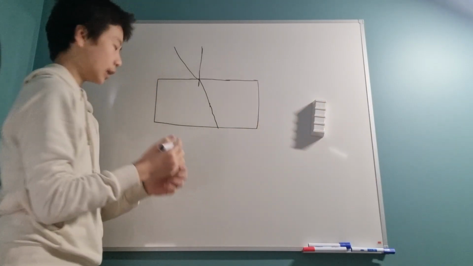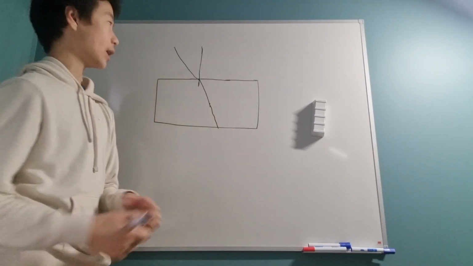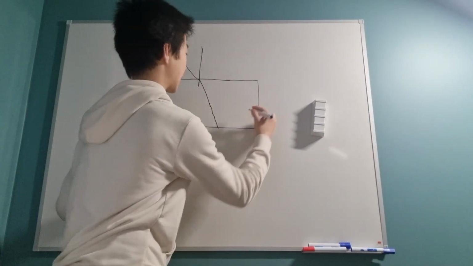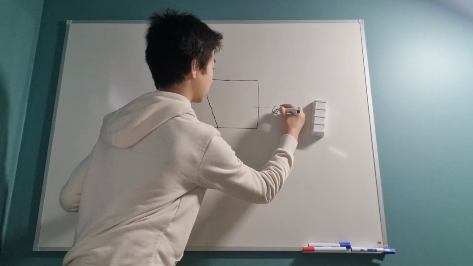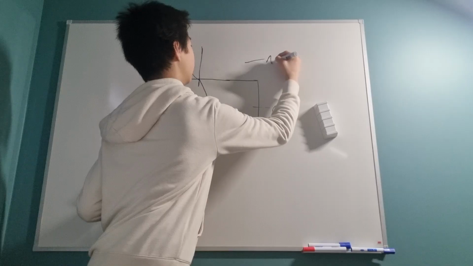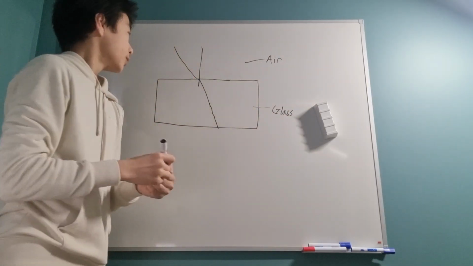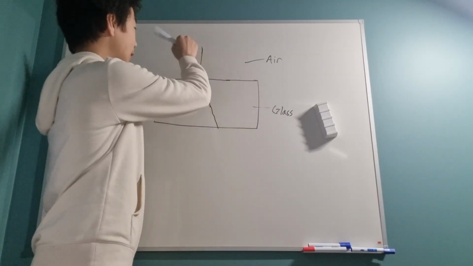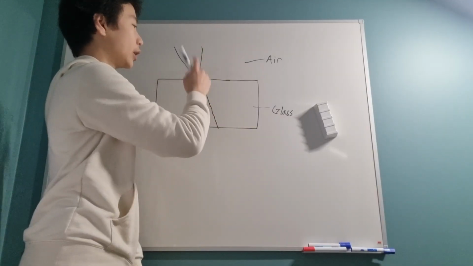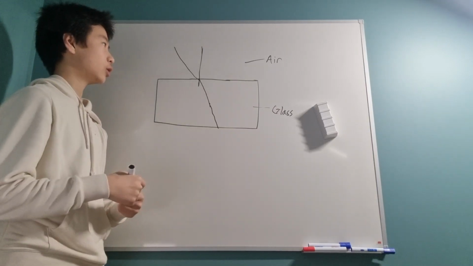Now you might be wondering, what is this? Let's say this medium is glass, and this medium is air. So the light is traveling through the air into the glass. And now we also continue labeling.